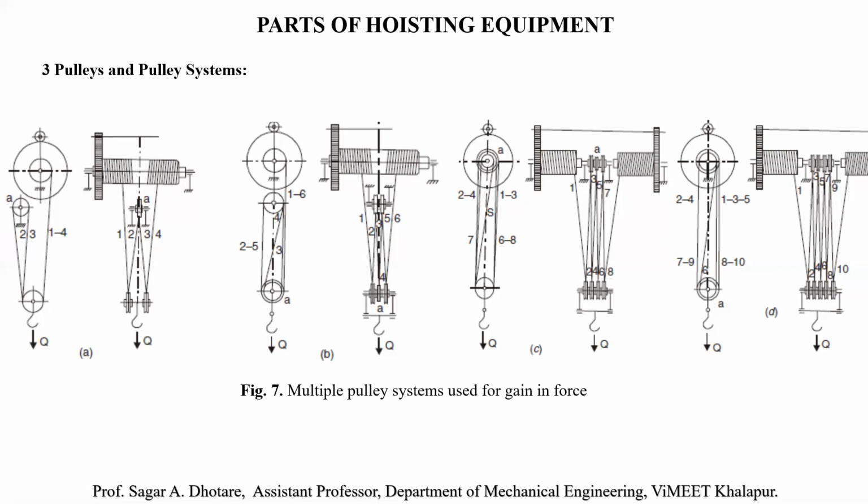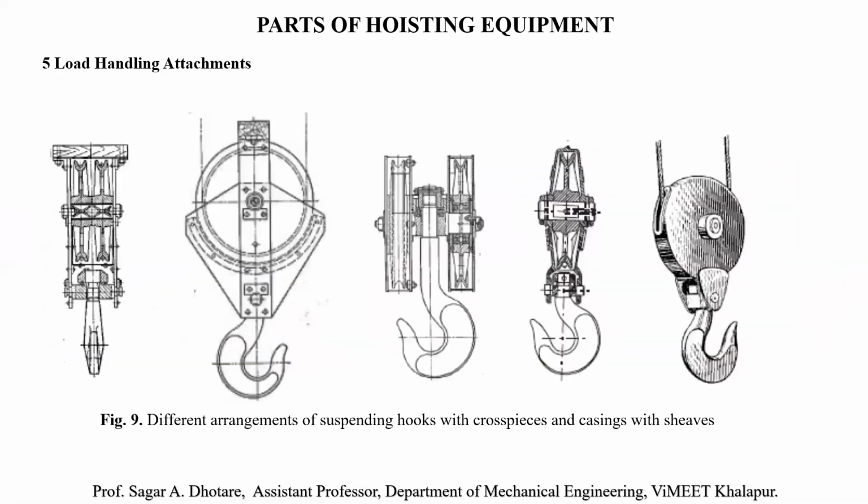So this is an advantage of the multi-pulley system over the single pulley system. If you are using a multi-pulley system, you can optimize all the dimensions, as well as reduce the dimension of the whole mechanism of the EOT crane with the same capacity.